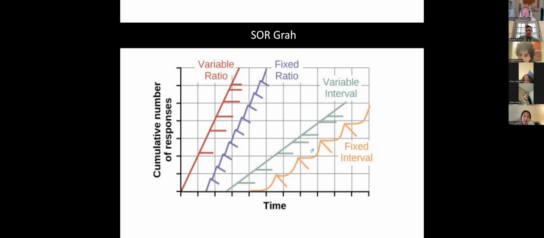They wouldn't engage in the response until close to the third minute, because they knew reinforcement would come in 3 minutes. Yeah, so they would wait till the end of the interval: no responding, no responding, no responding, because they know that's the only time reinforcement is available. They would engage in one instance of the response and then reinforcement would be delivered.